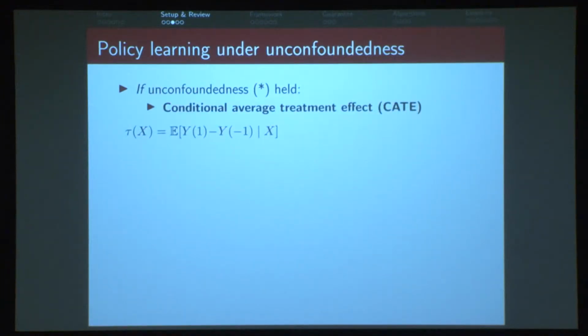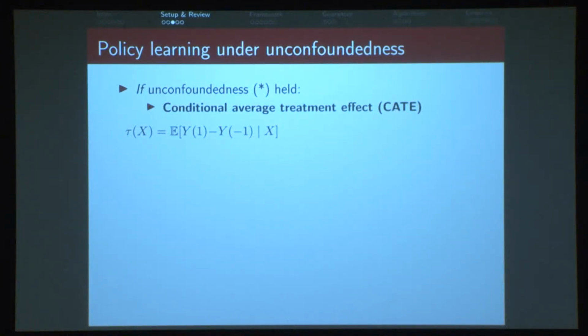So if you did have unconfoundedness, what could you do? So one thing you could do, which I alluded to already in the first slide, is use an approach based on learning the conditional average treatment effect, or CATE. Okay? This function is the average effect, difference between the potential outcomes, in a particular population segment of x. Right? So the conditional expectation of the difference given x.